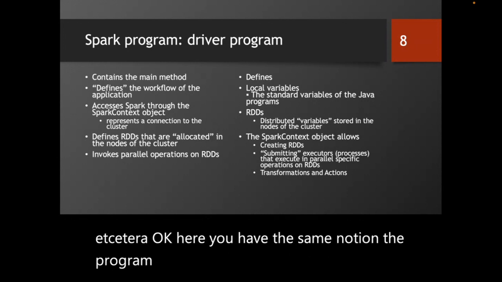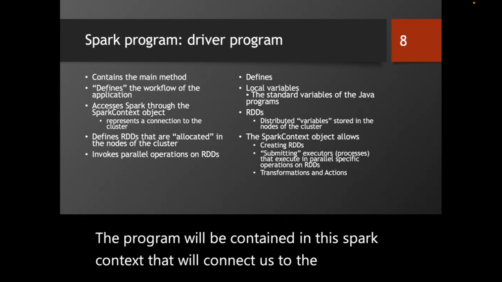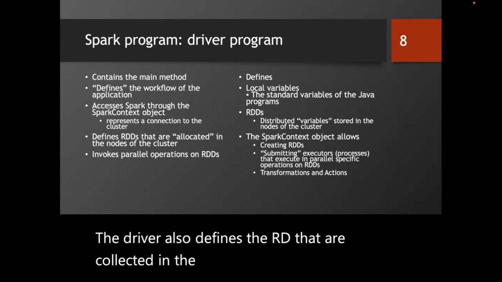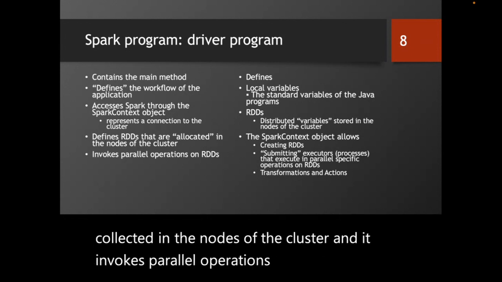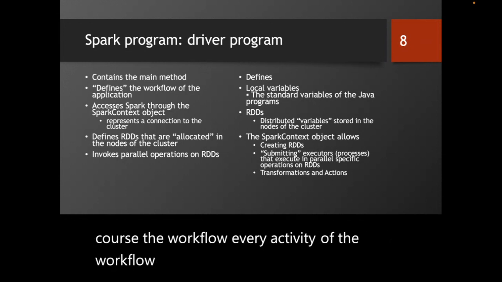The program will be contained in this Spark context that will connect us to the cluster. The driver also defines the RDDs that are collected in the nodes of the cluster, and it invokes parallel operations on RDDs.